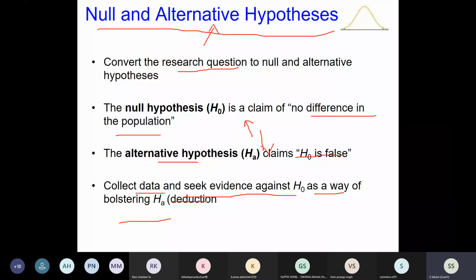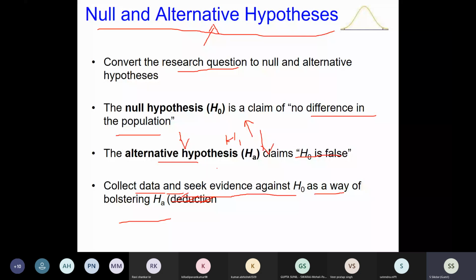That means if you want to make the alternative hypothesis hold good, you have to collect the data, and then based on the data say that whatever I am getting holds good, whereas the claim made in the null hypothesis is not good. If that can be proved, then your job is done.